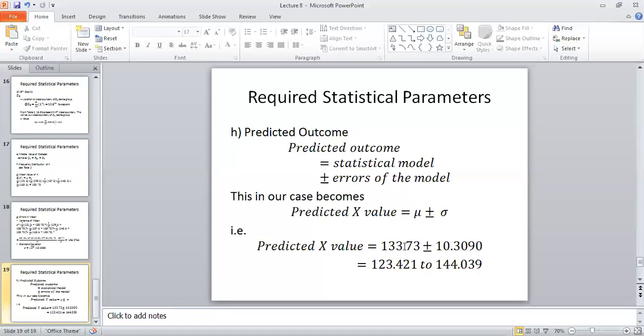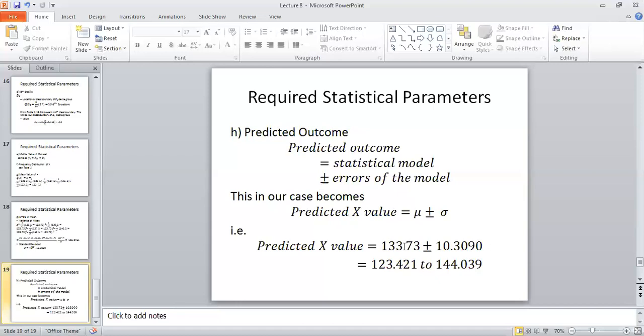That comes out to be 144.039. So what do we mean by it? We mean that our prediction for the outcome X varies from 123.421 to 144.039.